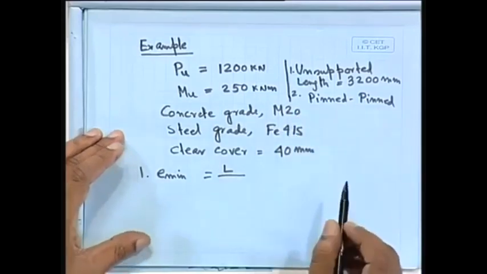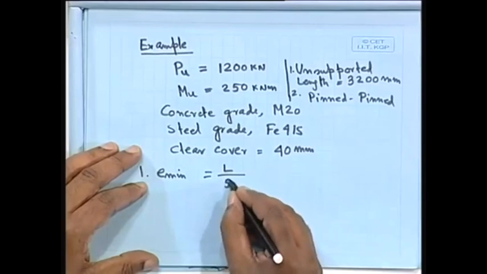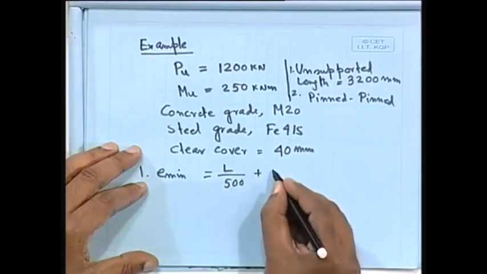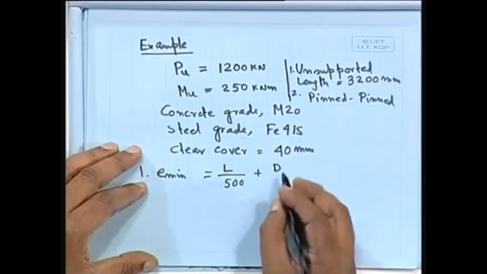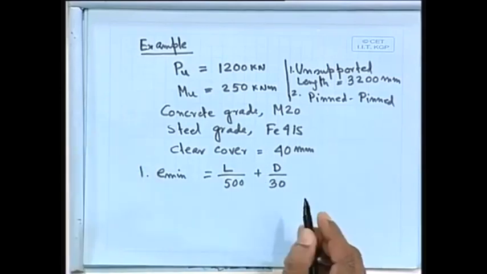Okay, let us take this particular condition, so that we shall get the effective length also. L by 500 plus D by 30, this is the one. Let us take the column section.